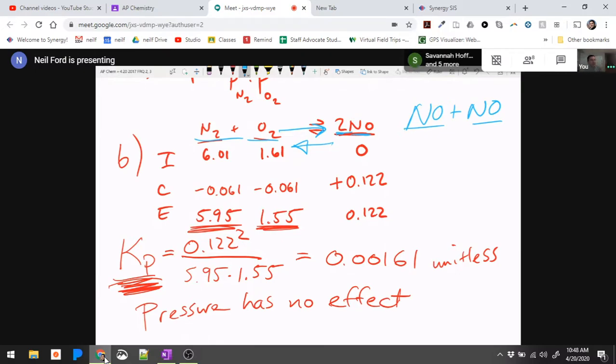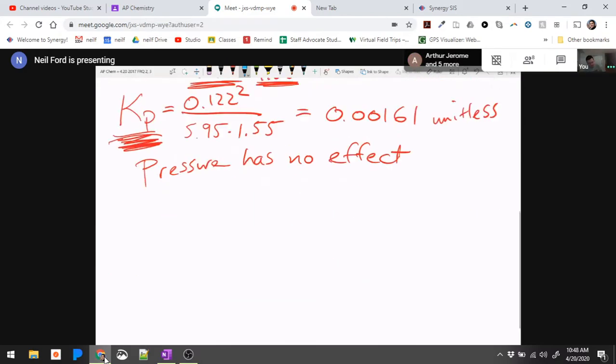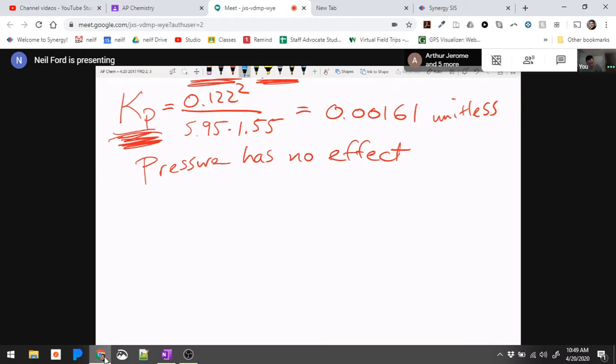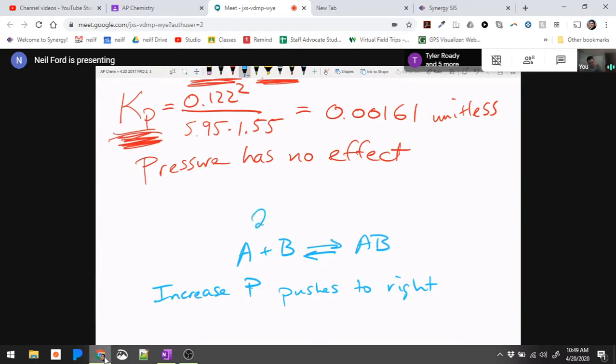There has to be an imbalance in the number of moles of gas for pressure to affect it. And how about this? If you had something like A plus B goes to AB, and it was in equilibrium, then increasing P would push it to the right, because I have 2 moles of gas on this side versus 1 mole on this side.